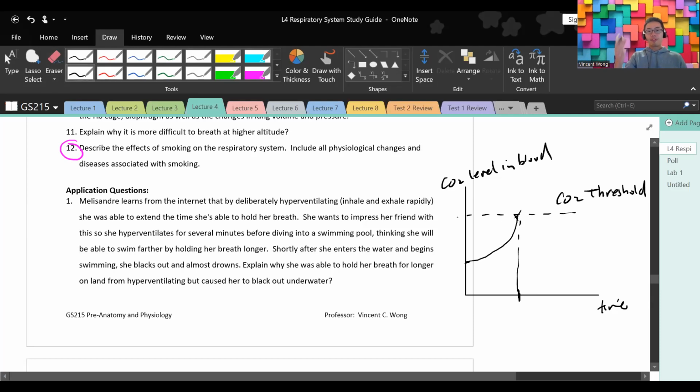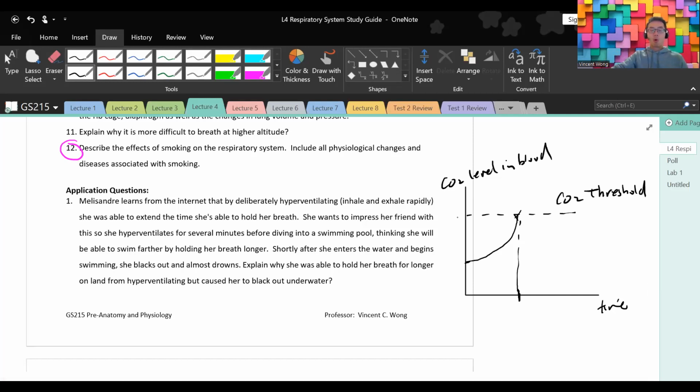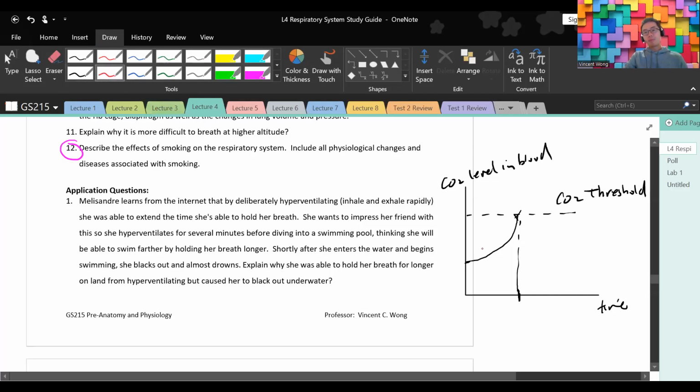If you hyperventilate, breathe in deeply and exhale deeply, then you are getting rid of more carbon dioxide than you normally would. If you do it for 10 times, your starting level of carbon dioxide will be lower than the normal amount. So if you hold your breath after hyperventilating 10 times, your starting carbon dioxide level will be lower, and it will take a longer time to reach the threshold.